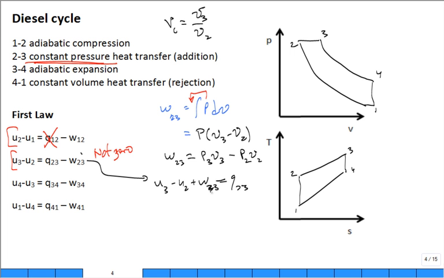Replace that work 2 to 3 by this PV terms, and you'll get U3 plus P3 V3 minus U2 plus P2 V2 equal to Q 2 to 3. Do you see the algebra? And then we make the observation. What do we observe? That's a definition of enthalpy. So this is H3 minus H2 is equal to Q 2 to 3.